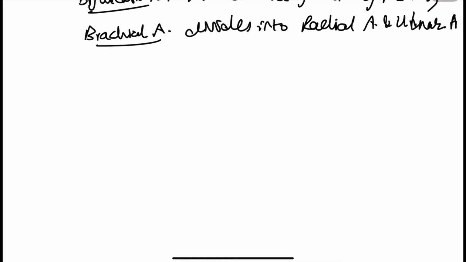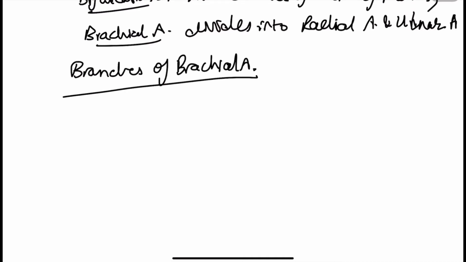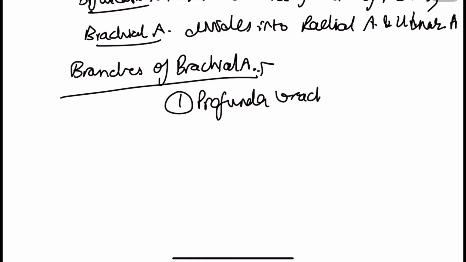So I'm talking about the branches of brachial artery. First branch is your profunda brachii artery, which is the largest branch of the brachial artery. This in turn gives radial collateral artery.